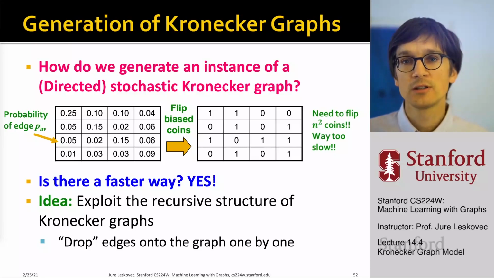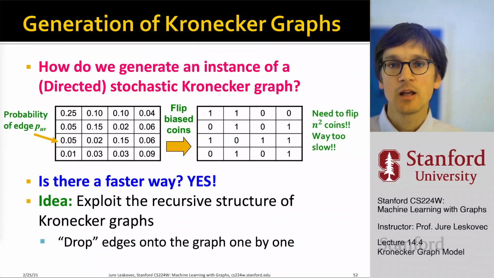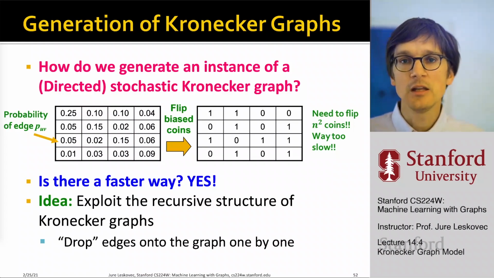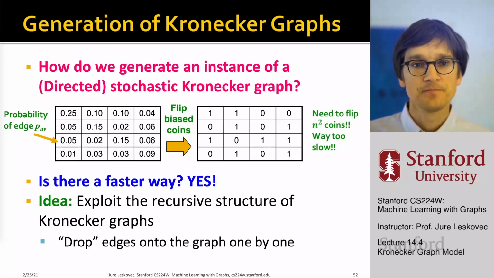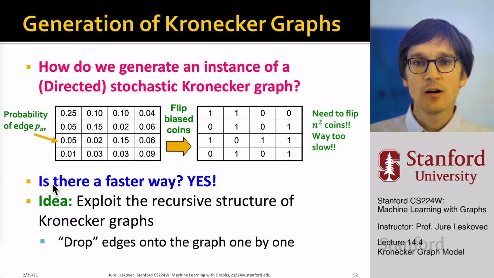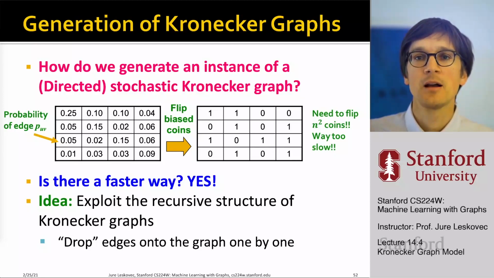Or if I want to generate a billion node graph, which is nothing too large, then I would have to flip 10 to the 18 different coins, and that's unfeasible in practice. So let me now tell you how to do this faster using what is called a ball dropping or an edge dropping mechanism, and it's quite cool.